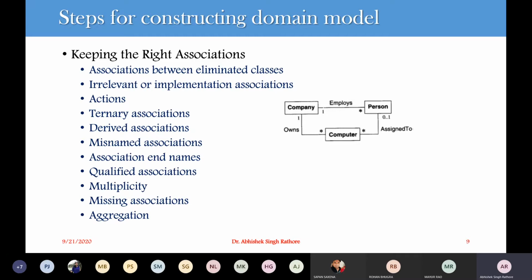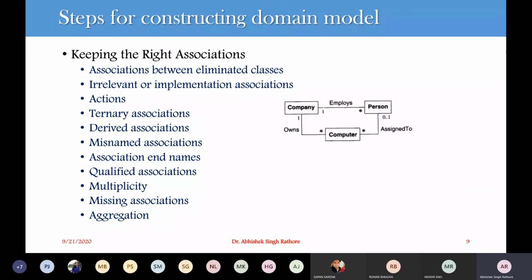This is how we can identify multiplicity. So don't go for a specific one, but if you are having the multiplicity associated with your particular association, then this is a good thing. And if we are not having it, then we can remove or eliminate all those associations.